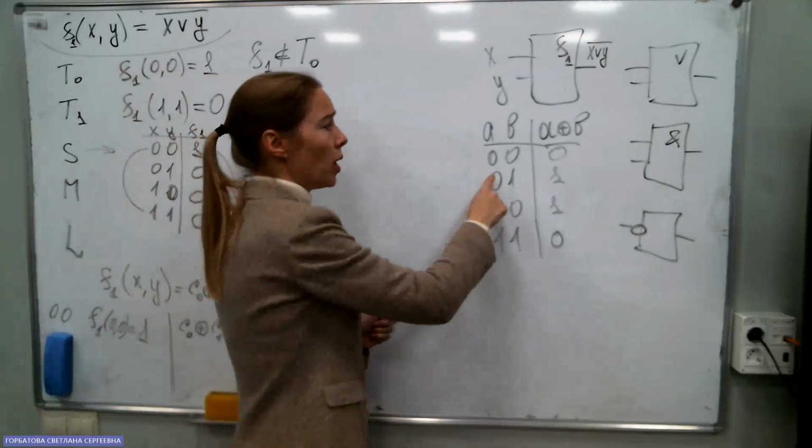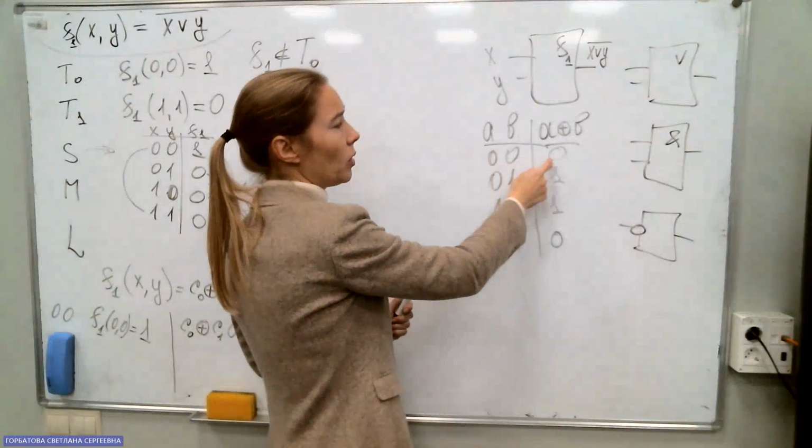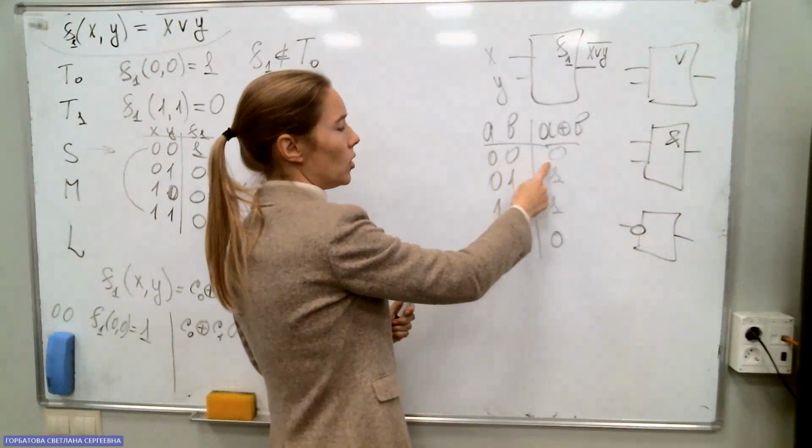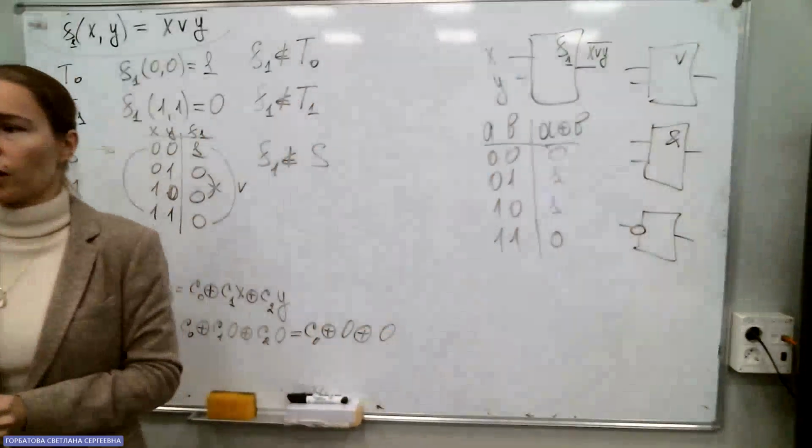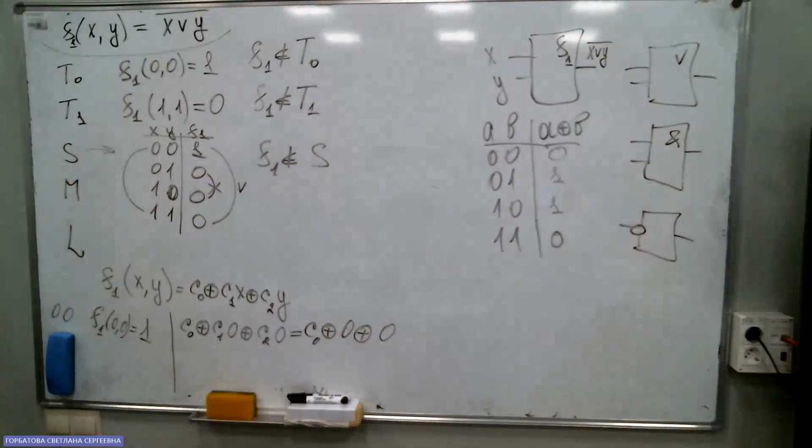Another variant to remember: if the same then 0, if different then 1, but it is just for memory. It's not a rule. It's just logic.